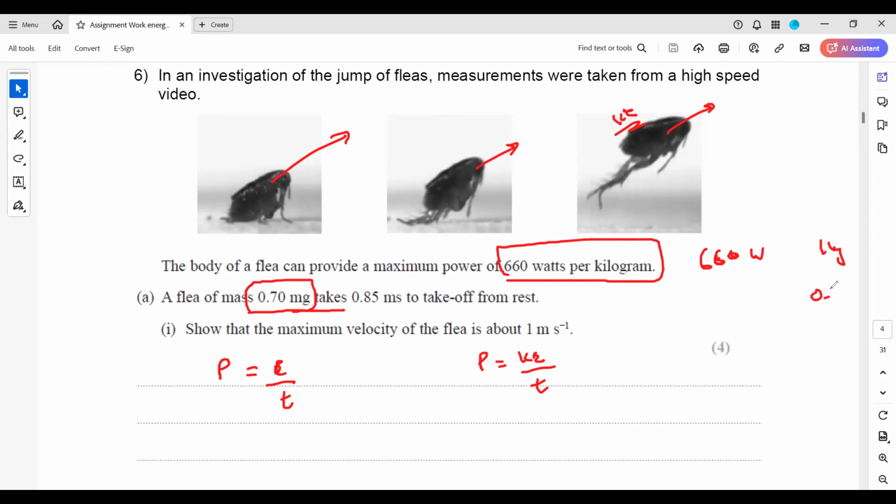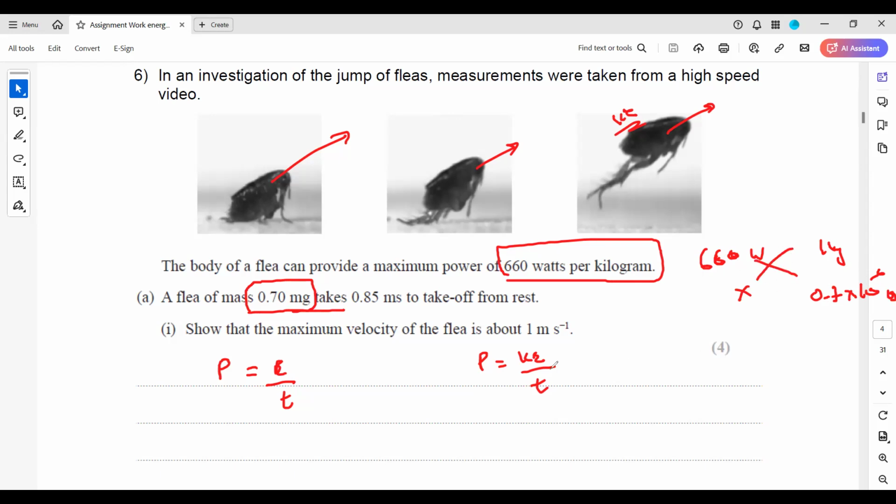The mass in milligrams I have to convert into kilograms. Milligram to gram, I divide by 1000, and gram to kilogram, I also divide by 1000. So this will be 10 to the power negative 6, because I divide by 1 million to convert into kg. So 660 for 1 kilogram, so 0.7 times 10 to the power minus 6 kg will be x watts.